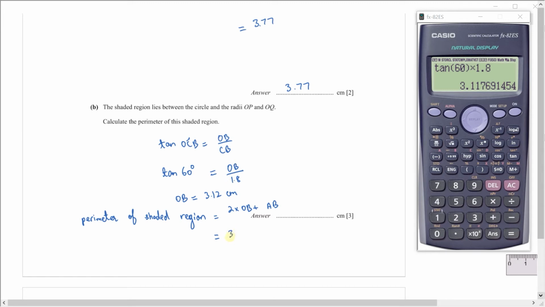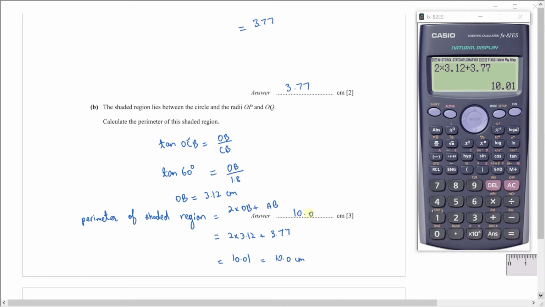So 2 times OB is 2 into 3.12, plus AB, which we found in the previous part is 3.77. So 2 into 3.12 plus 3.77 is 10.01, but up to three significant figures, this will be 10.0 centimeters.